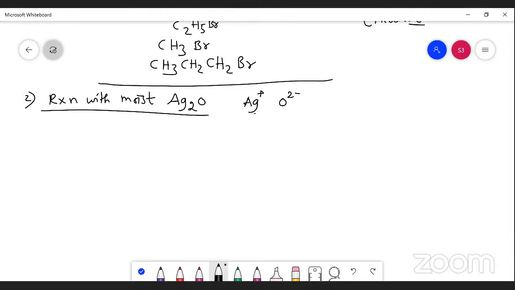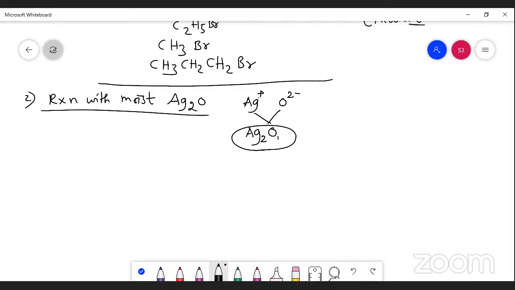When we crisscross, the valency of oxygen goes to silver as 2, and the valency of silver, which is 1, goes to oxygen, and 1 need not be written. So what is the formula for silver oxide? Ag2O.